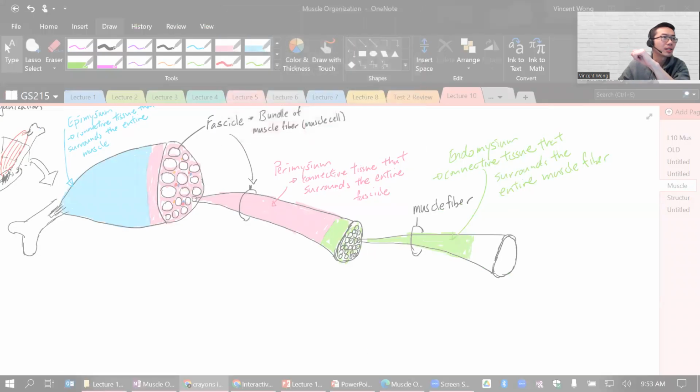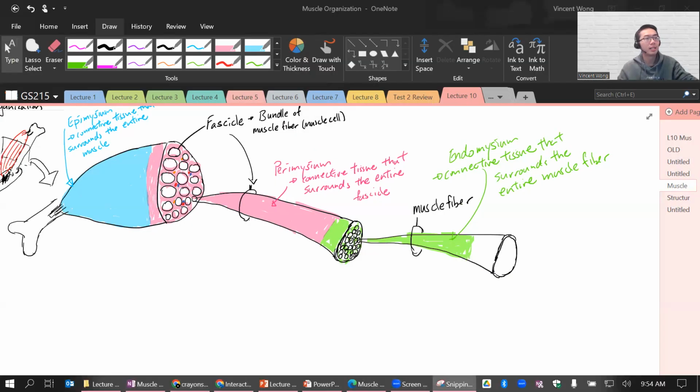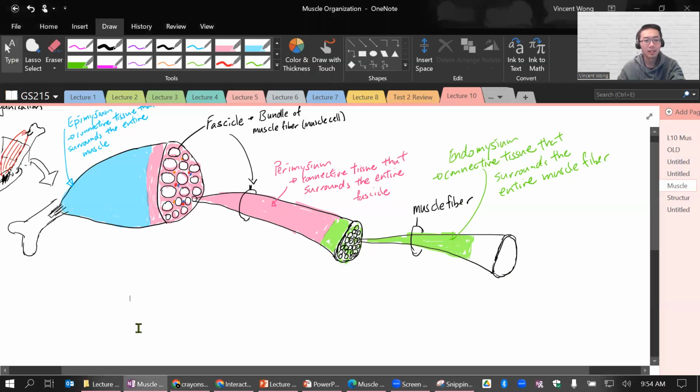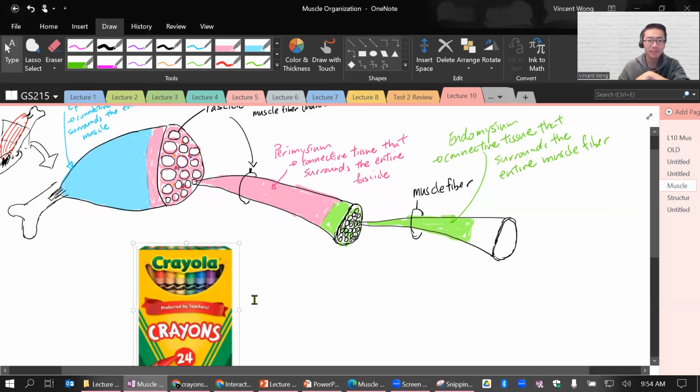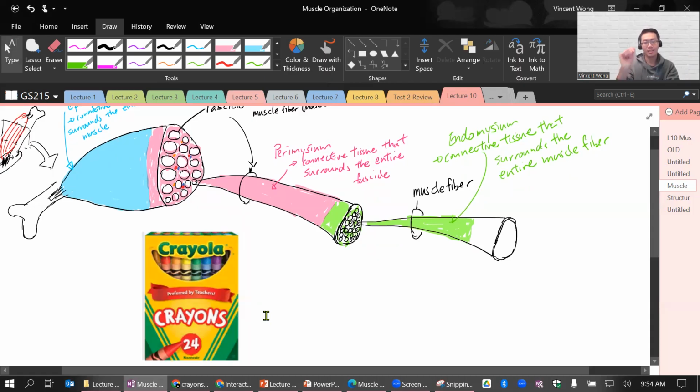I am trying to copy some pictures over to help you see what I'm talking about. So that would be a fascicle, eh? Do you understand? Now try to stay with me. I kind of like this analogy, sort of. The whole box is like a fascicle, yeah? What about the carton box, where you put the crayons in? What do you think the carton box represents here?